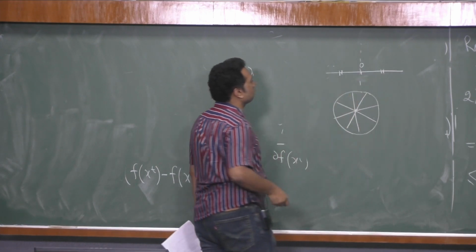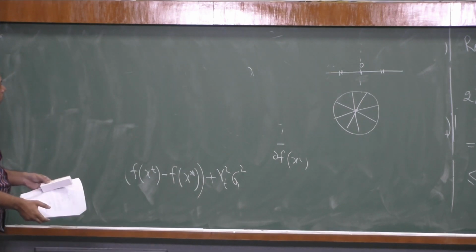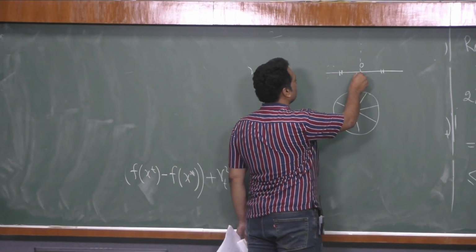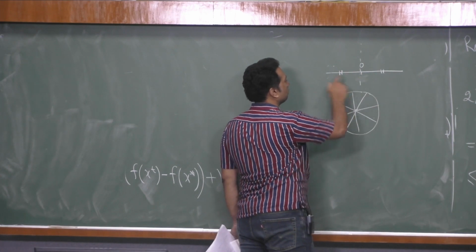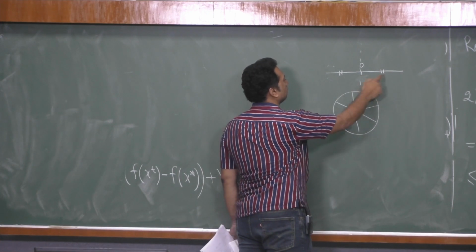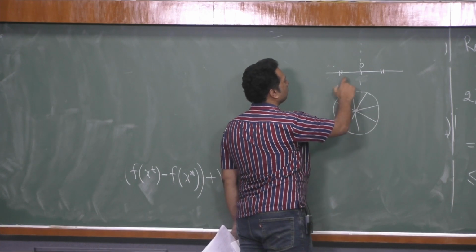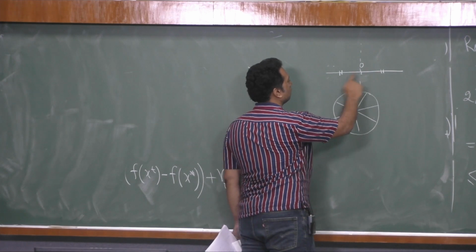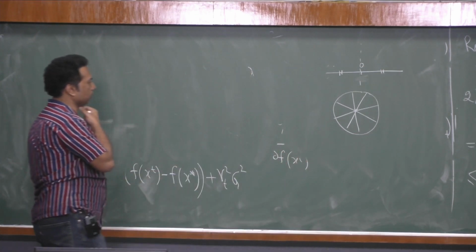So what I'm trying to say is that proving that the average of the iterates converges is sometimes easier than proving that the last iterate converges, because if I take the average, then the oscillations get cancelled and it goes to 0. But if I have to prove last iterate convergence, the last iterate is not converging here, it's oscillating. So in this case last iterate convergence fails, but average iterate convergence holds. So usually the intuition would be that average iterate convergence may be a little bit easier to prove.